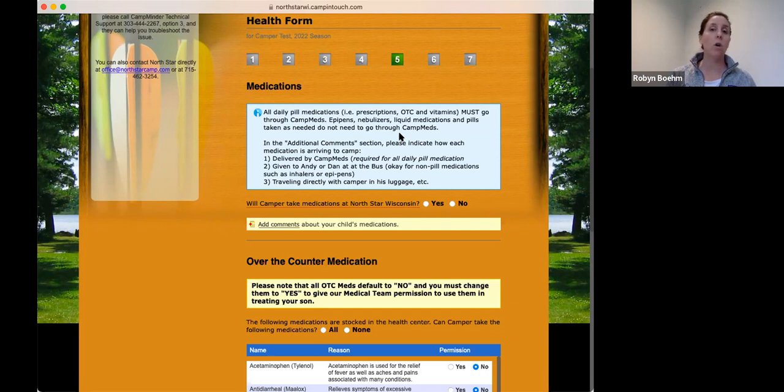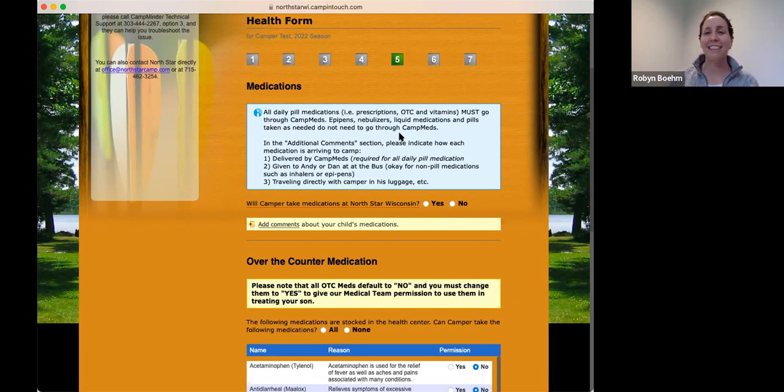But just know that if your camper has a daily pill medication, it does need to go through Campmeds. For families that are not using Campmeds and need to be, we do have an additional charge that our health center will put onto families' accounts, because we feel it's really important. It saves us time, and it's definitely a safety thing for us and for our staff. So just follow the rule: daily and pill needs to go through Campmeds.